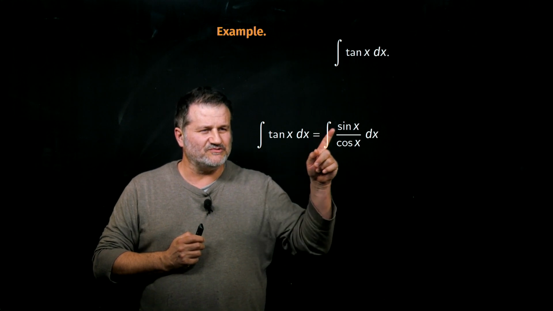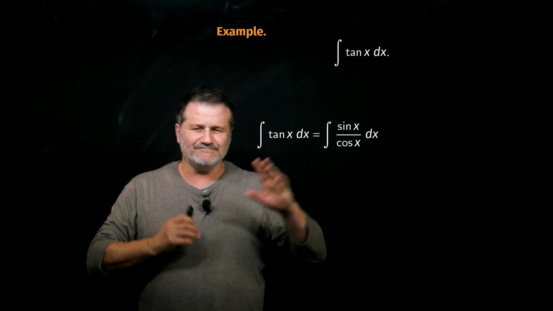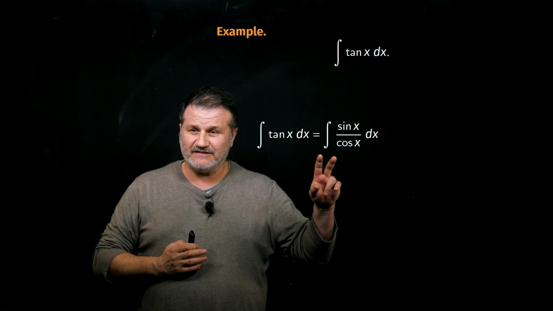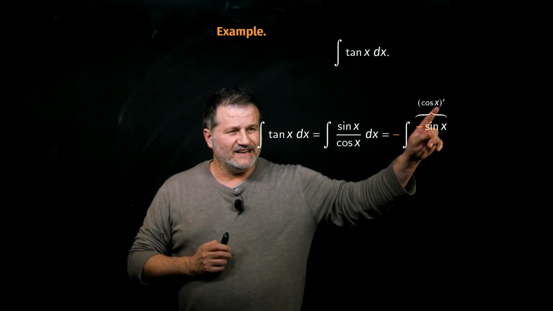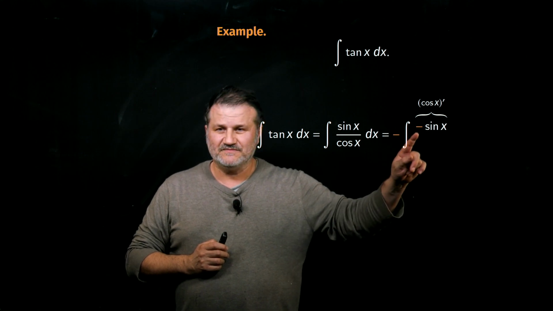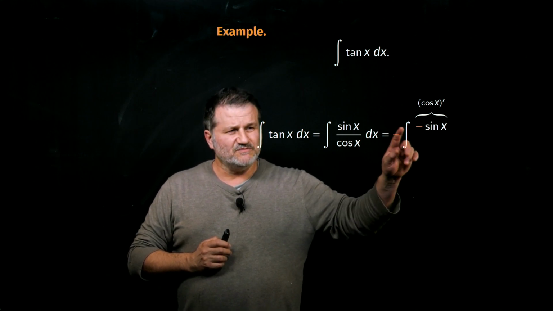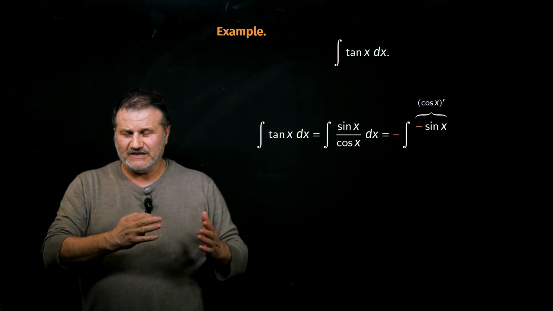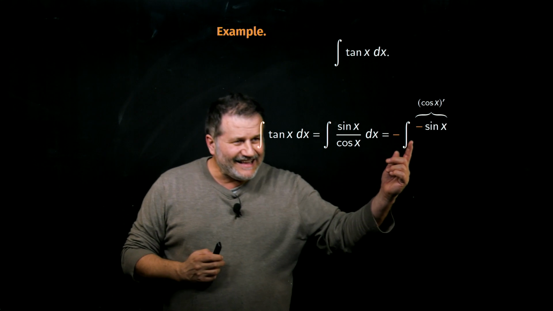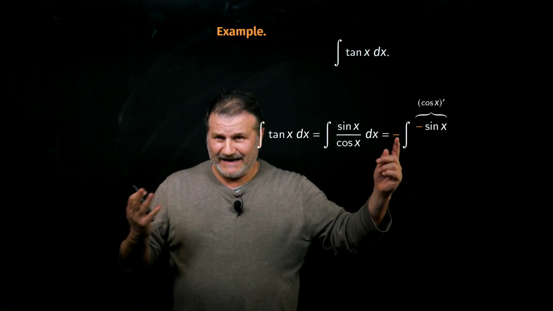Here, the point is to notice that this numerator is about the derivative of the denominator. To be exactly the derivative, because the derivative of cosine is minus sine, we need the minus. We can introduce this minus by multiplying two times by minus 1, for example, because minus 1 times minus 1 is 1, and take one of the two minus 1 outside by linearity.